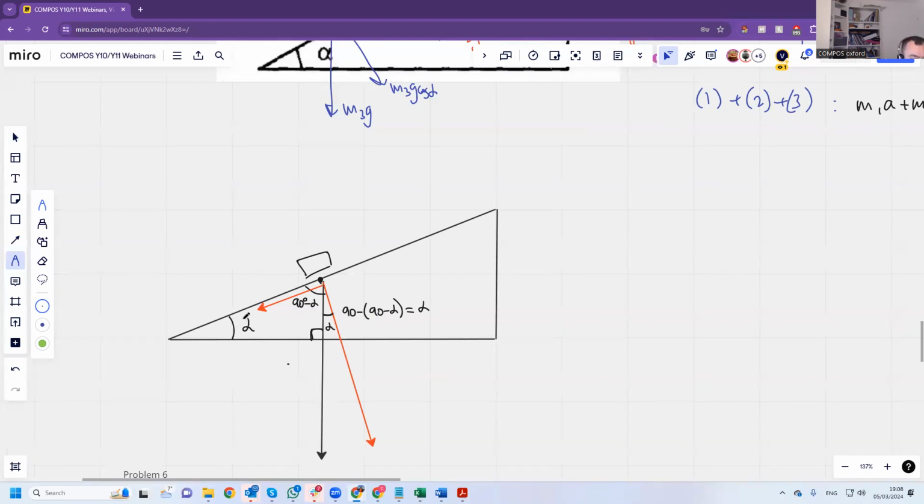So what we proved is that this angle is equal to this angle. And that means that if this is mg, this is mg cos alpha because it's the adjacent side, and this is mg sine alpha. How do we know?